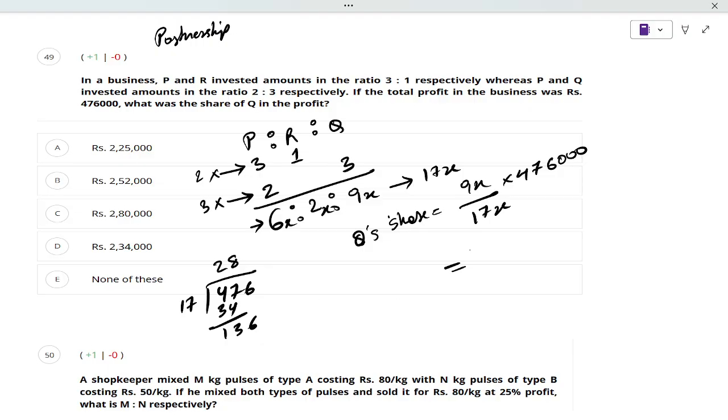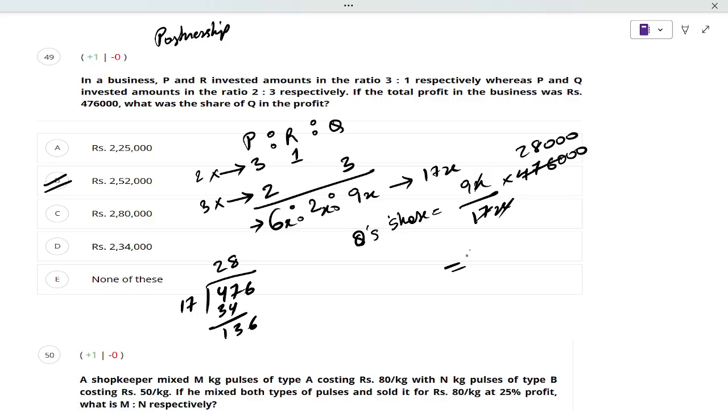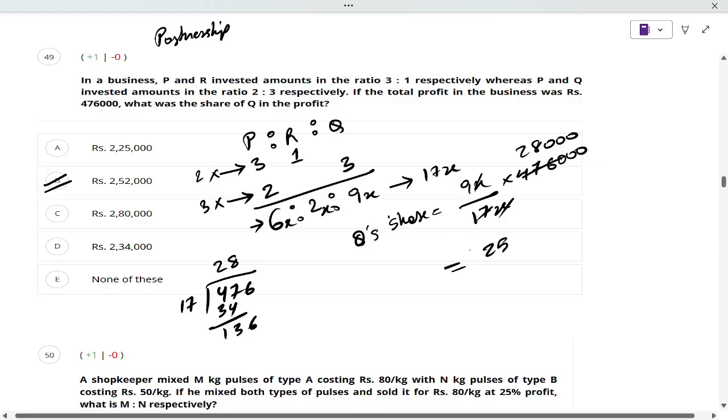So here x is cancelled. Then we have 28000. If we multiply with 9, then 0s definitely come, fine. But 9 times 8 is 72, right? So the last number is what? We need 2 apart from 0. So 2 together we have only in option B, or no? So definitely that will be the answer. We'll get 252000. That's the answer.